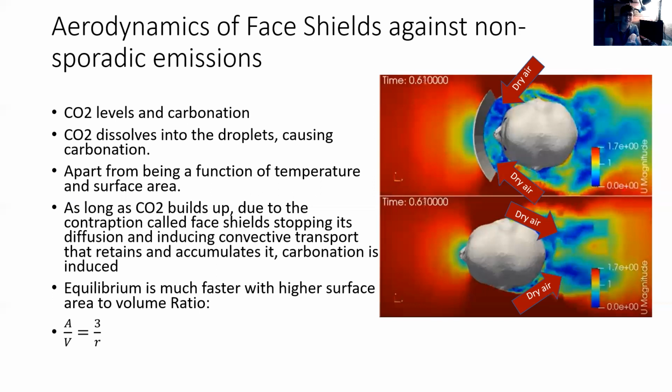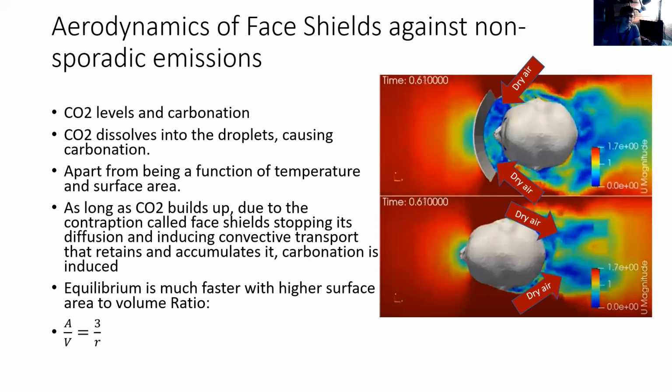So the mere existence of the CO2 levels can induce partially some carbonation to the droplets. So as CO2 builds up due to the confinement brought by the face shield, the face shield is actually stopping the CO2 particles from diffusing out. So it is retained and accumulated in that region. So therefore, carbonation is induced.